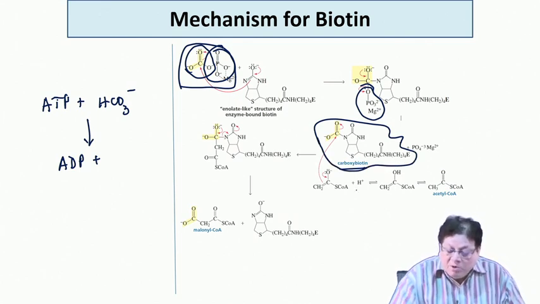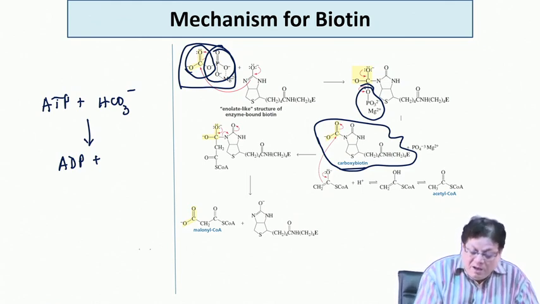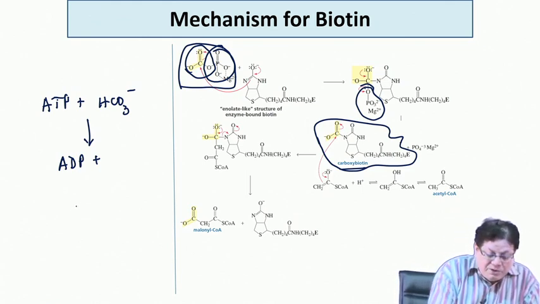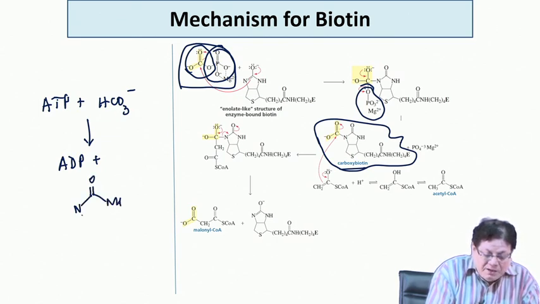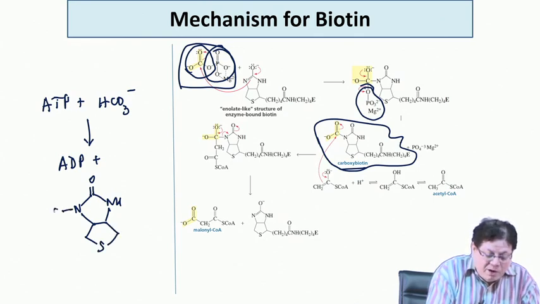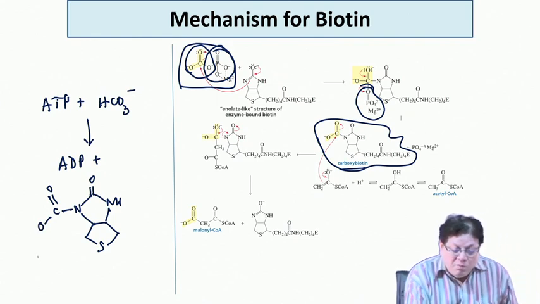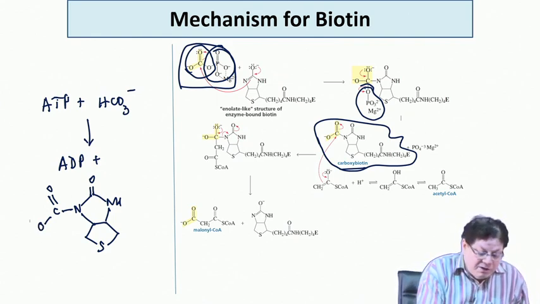Now, N-carboxybiotin is N double bond O, then NH, then this sulfur and that. So you have this CO and O minus, N-carboxybiotin.